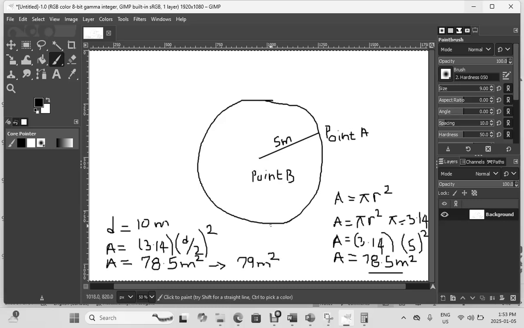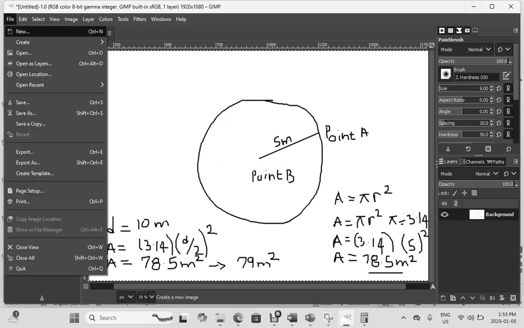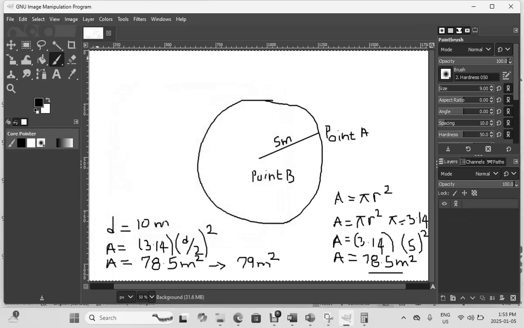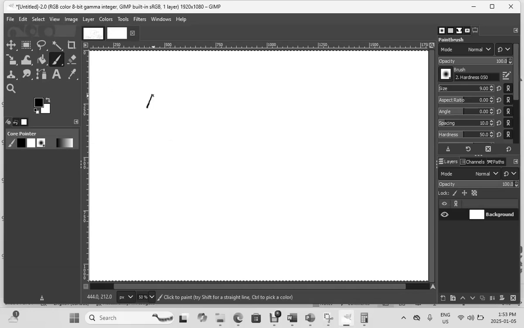So this is basically how you solve for the area. Now if you want to solve for the radius, let's say you've been given the area. Let's say the area is 79 meters squared. So we know that area equals pi r squared, which means 79 meters squared equals 3.14 times your radius squared.